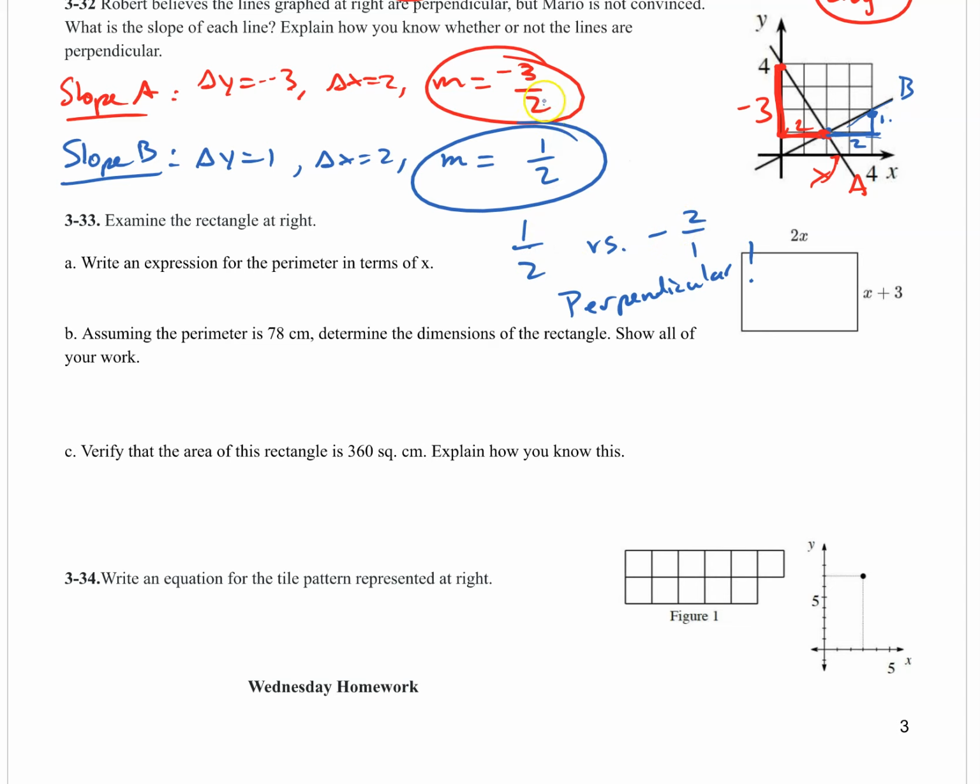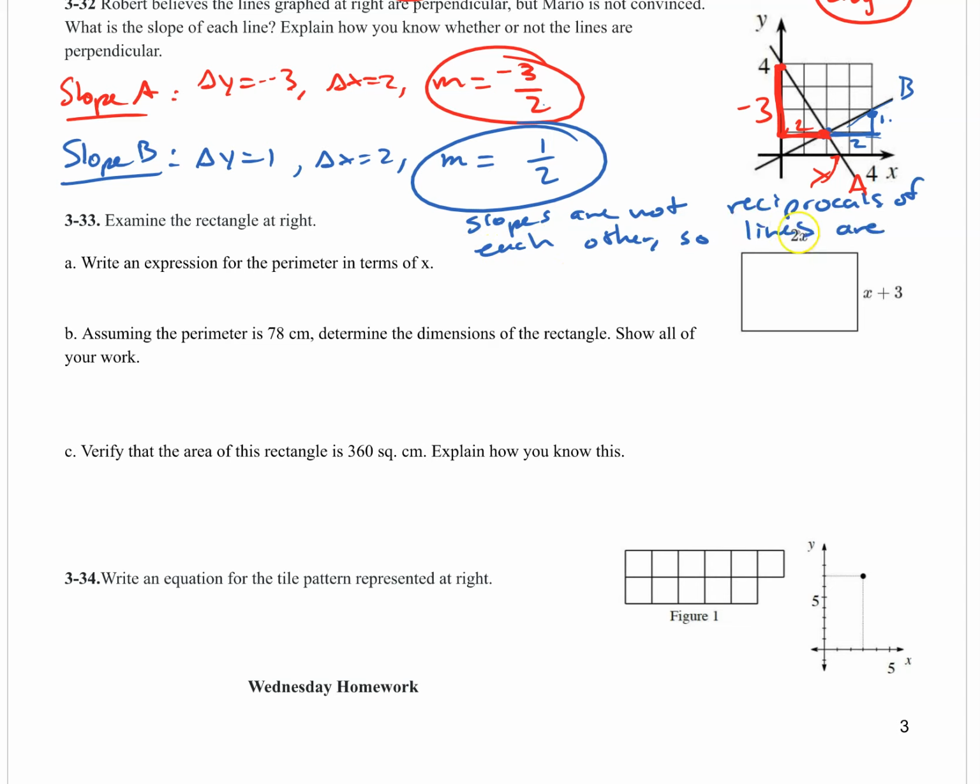Are they reciprocals of each other? They are not. So we can say slopes are not reciprocals of each other. So lines are not perpendicular.